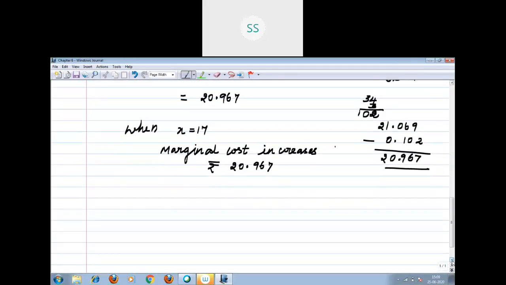Question number 16. Simple multiplication only. Up to 15 only you have to understand the question and do the differentiation.